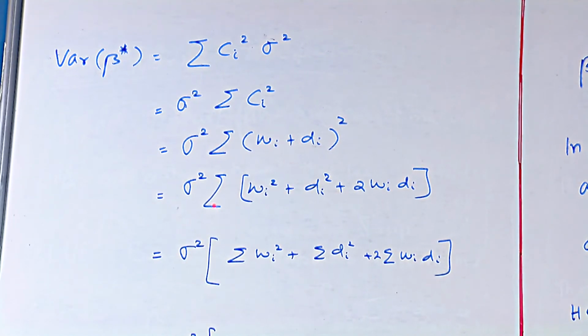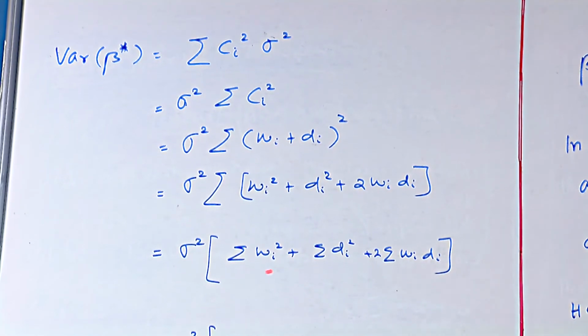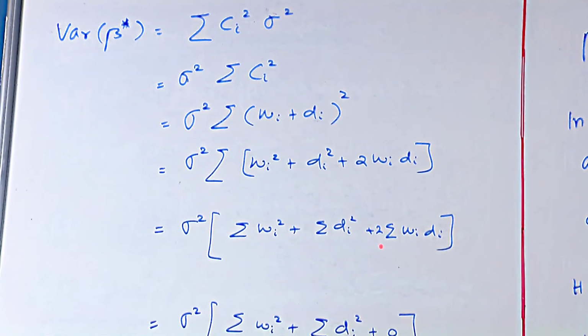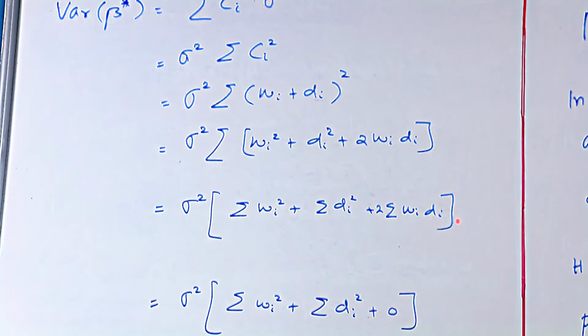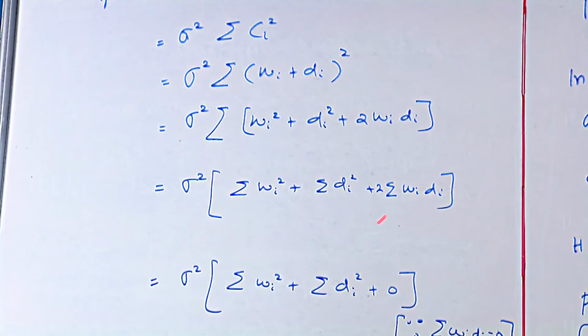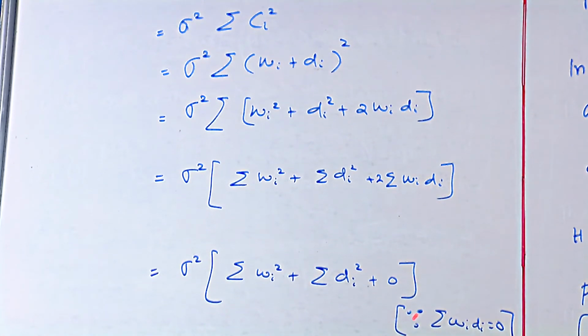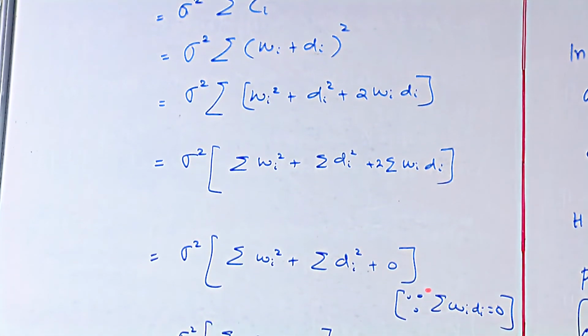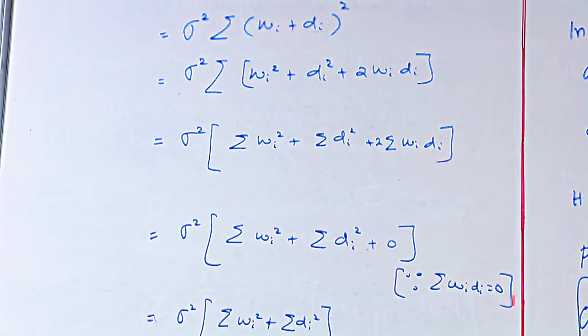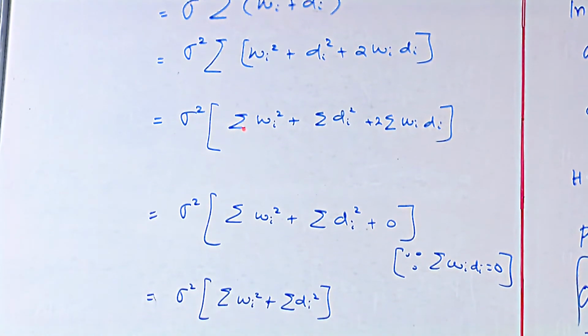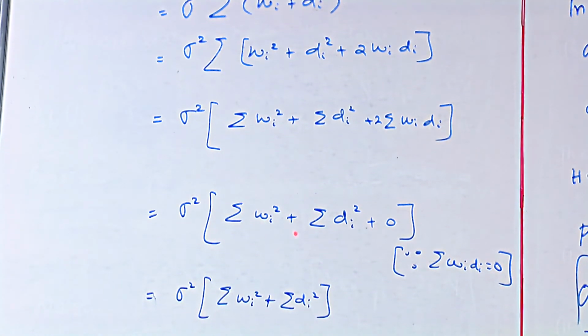We may take the sigma inside, so we get Σ Wi square plus Σ Di square plus 2 into Σ Wi Di. This last term becomes 0, since Σ Wi Di is equal to 0, so we get Σ Wi square plus Σ Di square.